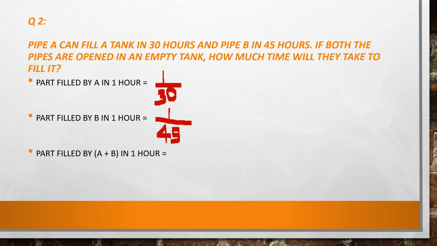Now what happens? Part filled by both A and B together will be 1 by 30 plus 1 by 45, right? So you get the answer as 1 by 18.